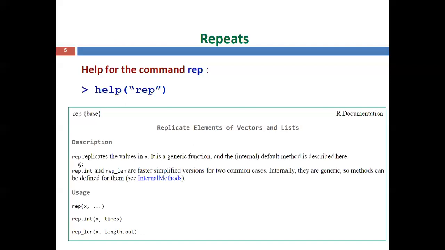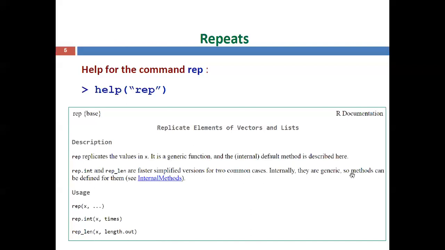So the description of rep: rep replicates the values in x, whatever the data in x. It is a generic function and the internal default method is described here. Here rep.int and rep_len are faster simplified versions for two common cases.